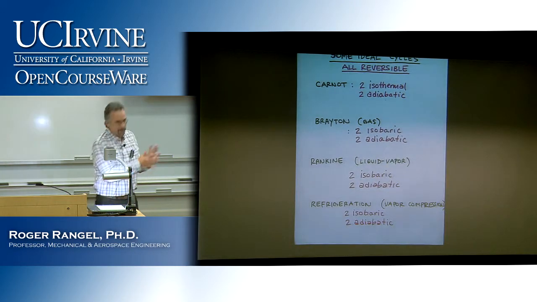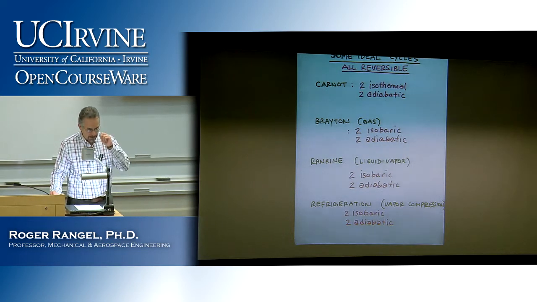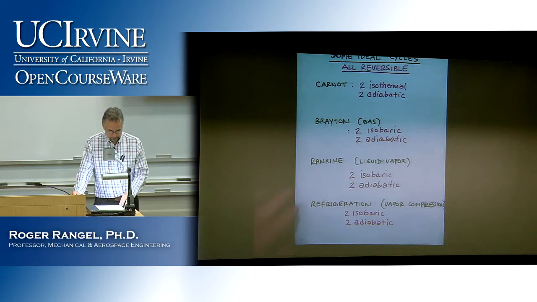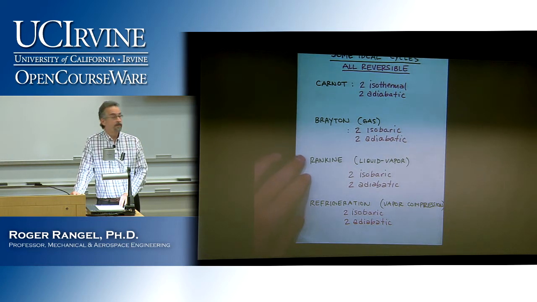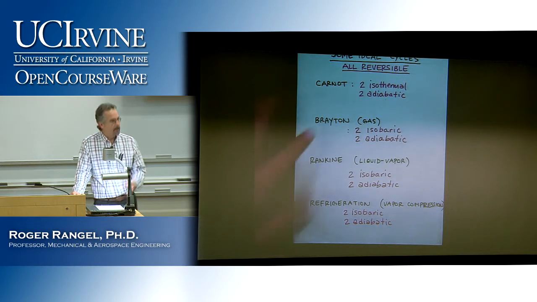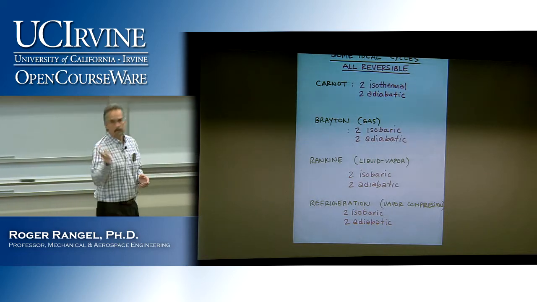You will do quite a bit more Brayton cycles and Rankine cycles if you're an ME major in 115. And if you are an AE major, you will probably look at Brayton cycles when you take propulsion.